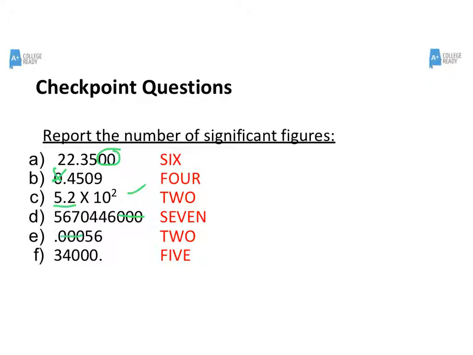These zeros are not significant. Therefore, only these 2 non-zero digits are significant. And finally, because this measurement has a decimal place at the end, it's the indication that all zeros in front of it should be significant. So this has a total of 5 significant figures.